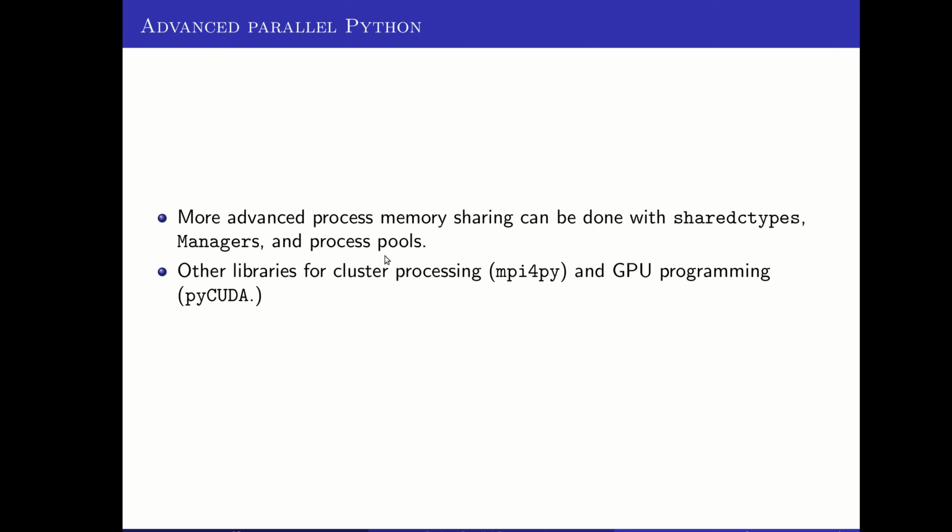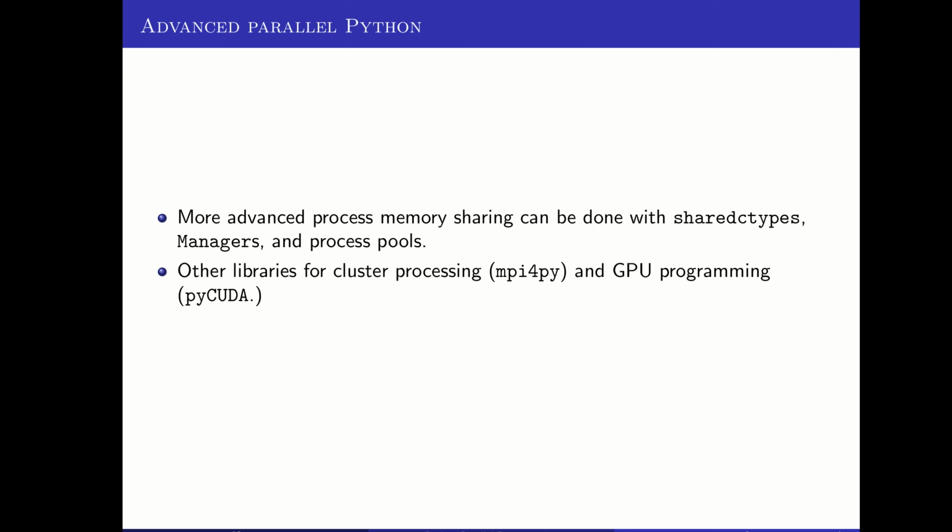There are process pools that you can create that get access to things together. And similarly for doing multiprocessing on a cluster of machines, there are libraries for that in Python. And for doing parallel programming on GPUs, there are libraries for that as well in Python that you might check out if those are features that are of interest to you.